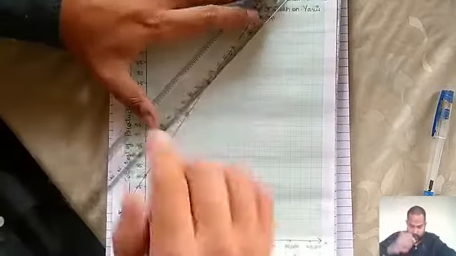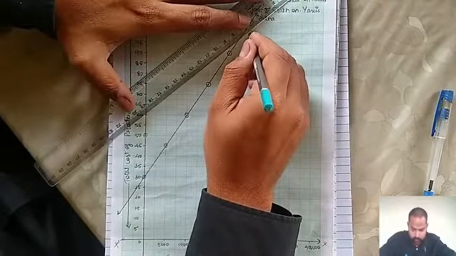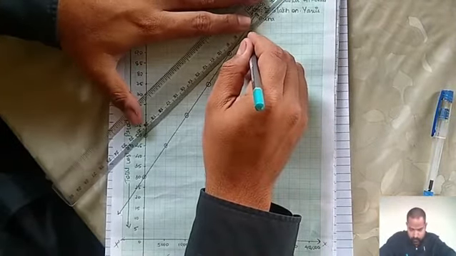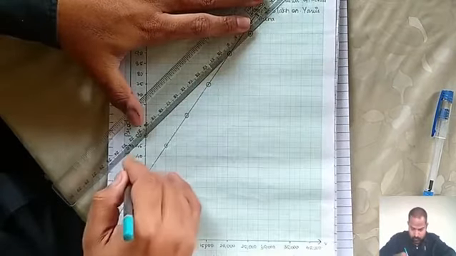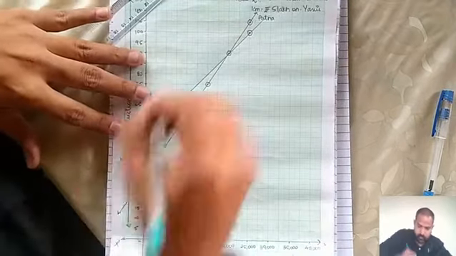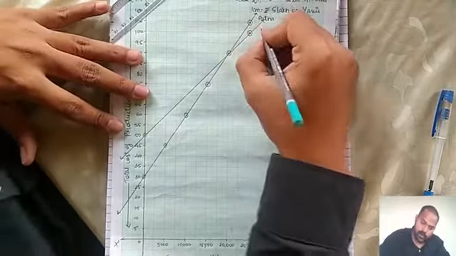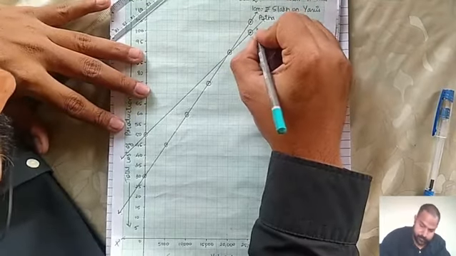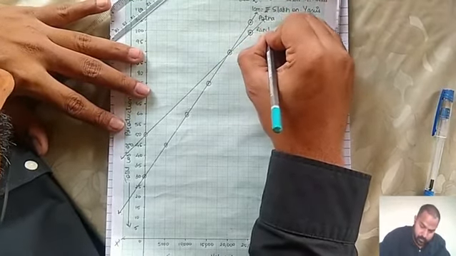Just draw a straight line through those two. This is going to be Ranchi.